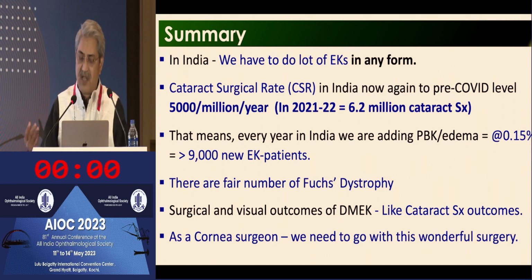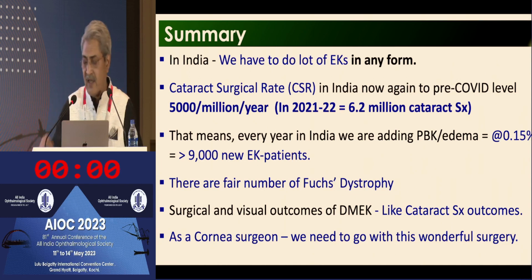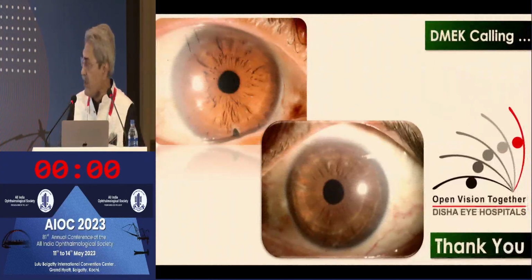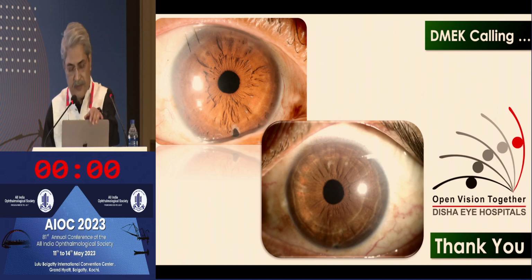So there are a number of Fuchs dystrophy cases, especially in Bengal, and the surgical visual outcome of DMEK is just like phaco surgery. And as corneal surgeons, we need to go with this wonderful surgery. Thank you very much for your patience in hearing.